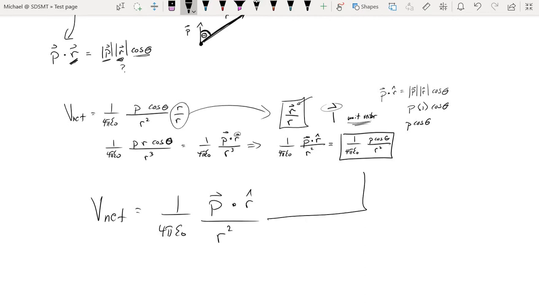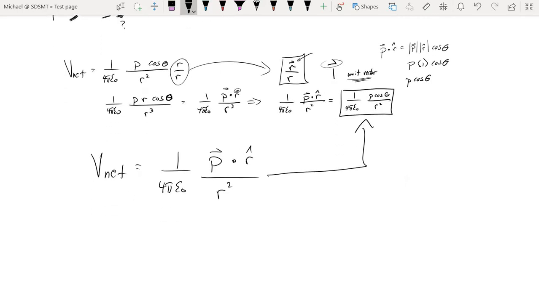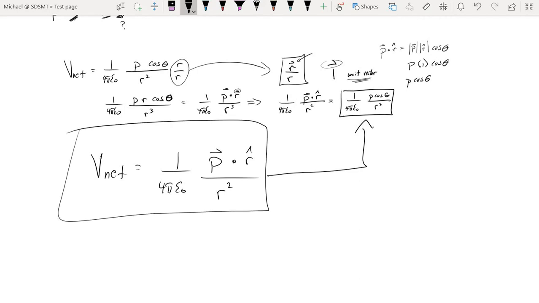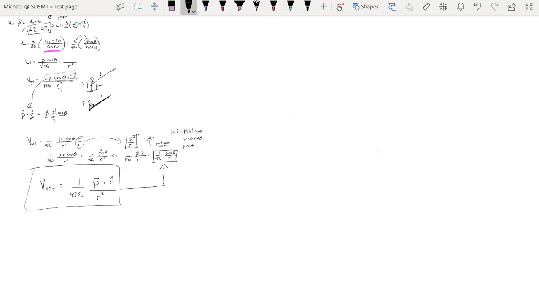But feel free to reduce this down to the P cosine theta. As long as you know what your theta value is for measuring, then you can do that. Great thing about this is that this expression will work anywhere in space. We don't have to limit ourselves to being directly above the dipole moment. We could be, if we want to.